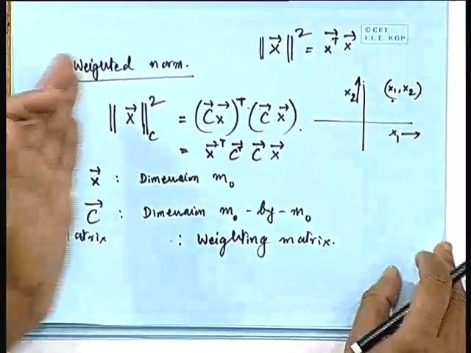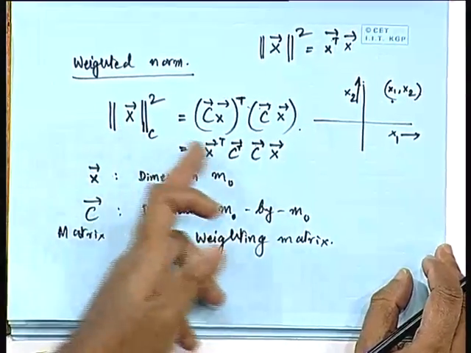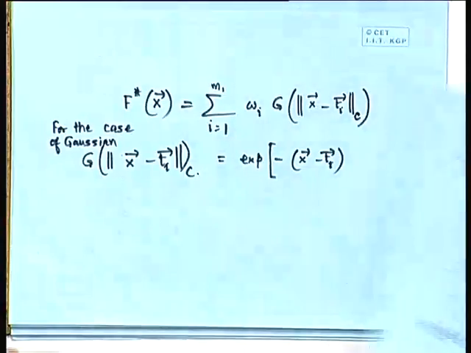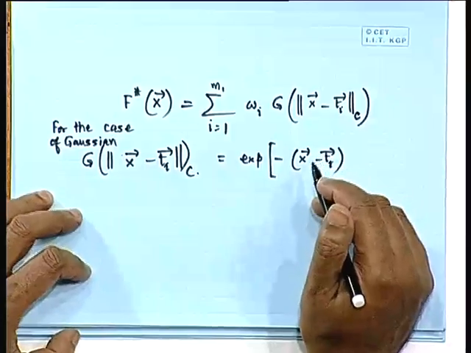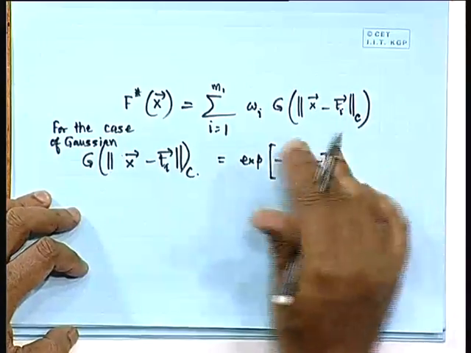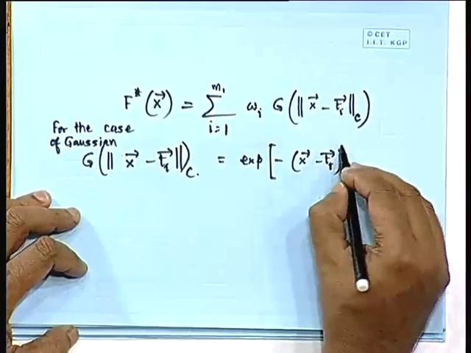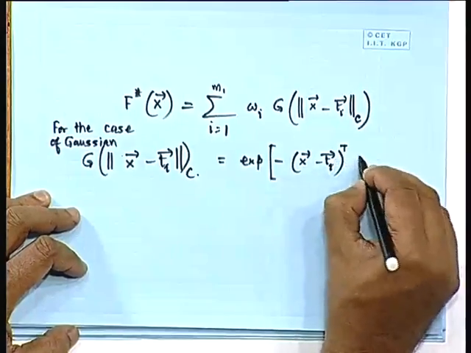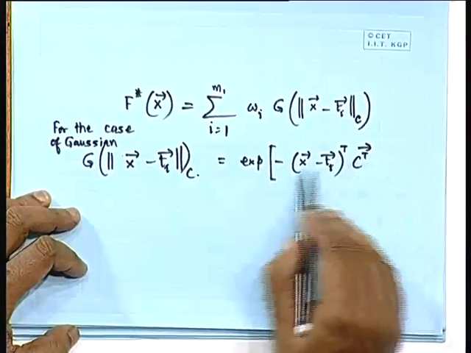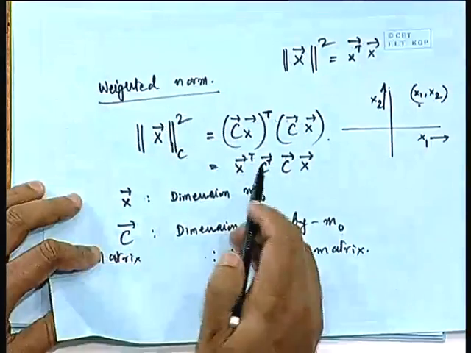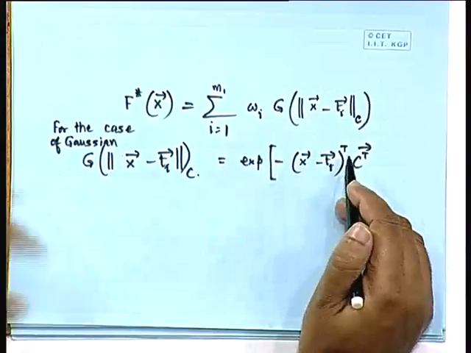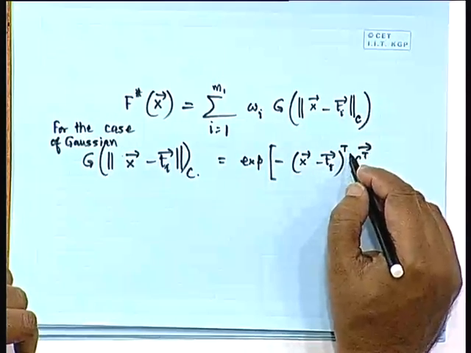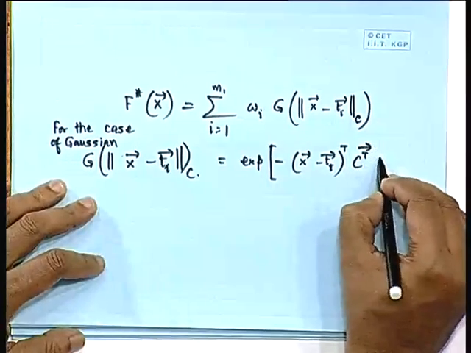In a very similar way, since we are breaking up the weighted norm which exists in the argument of the Gaussian function, what we will get within the exponential term is x minus Ti transpose, then C transpose, because instead of x as we used over here, here we get x minus Ti, where Ti is the center of the Gaussian function. So this is x minus Ti transpose, C transpose, and then what?